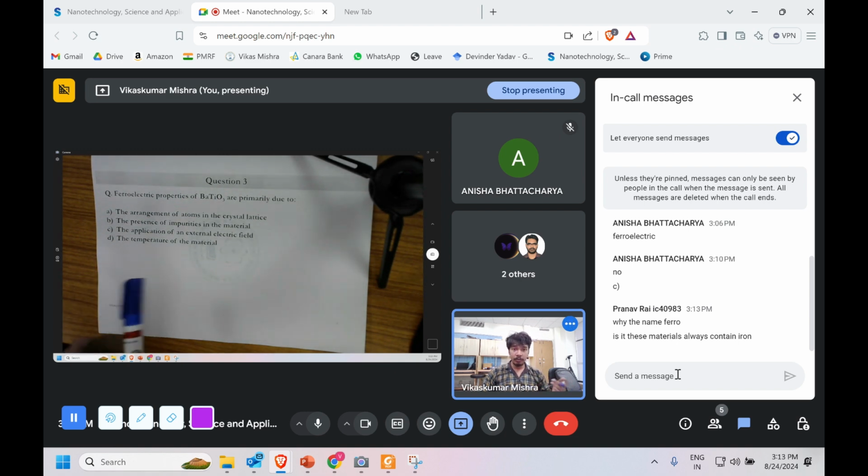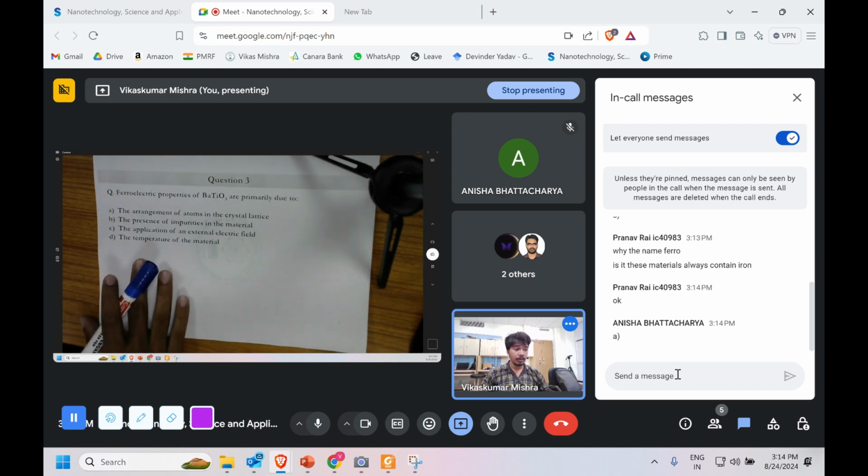Later, around the 1950s, we came to know about these properties in ceramics also. Before that, ceramics were not studied. The initial study was majorly carried out on metals, and one of the most popular metals we know is iron. So from that history it got carried over, and we accepted that particular thing.